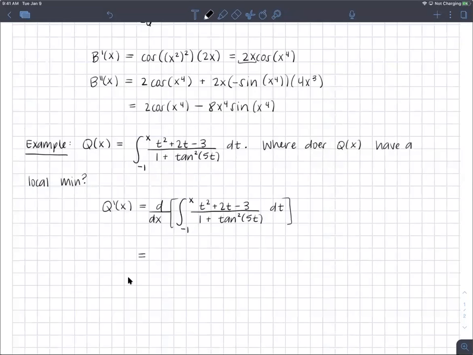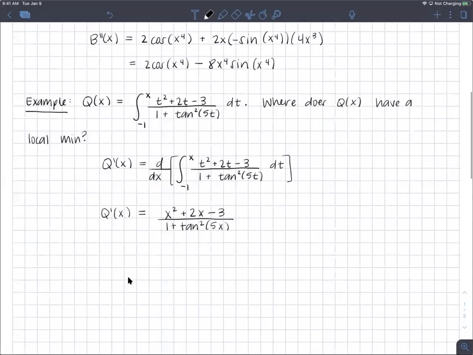And so you're gonna get x squared plus 2x minus 3 over 1 plus tangent squared of 5x. So that's Q prime. And I don't have to worry about multiplying by the derivative of x because it's just 1, right? So even if I did try and use the chain rule, I would still get the same answer here. So this is my derivative.